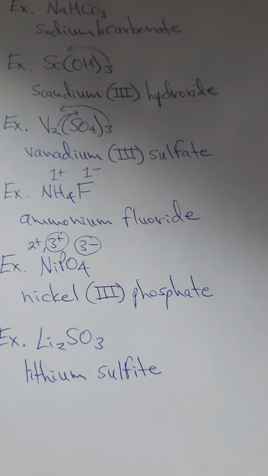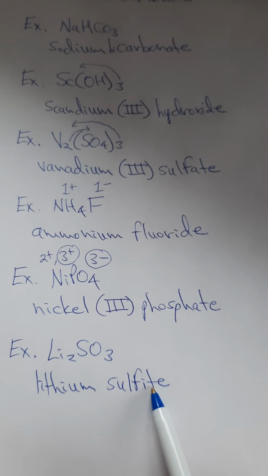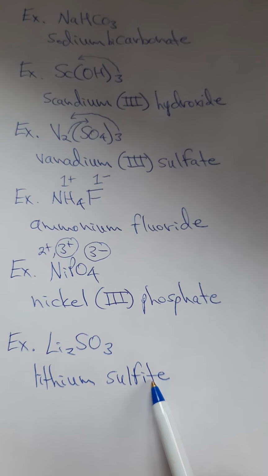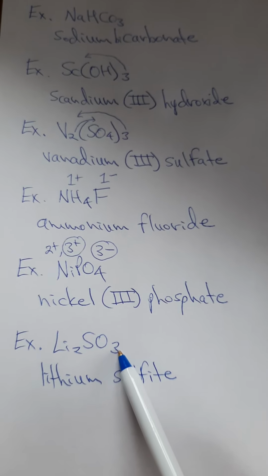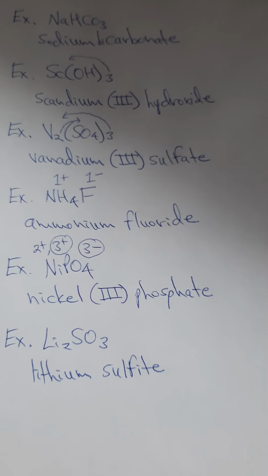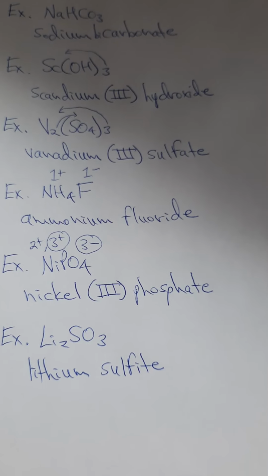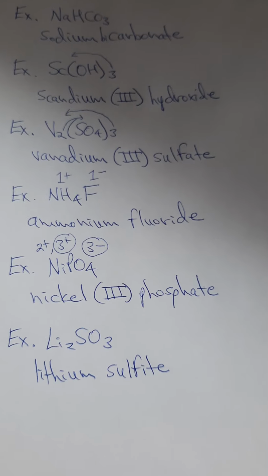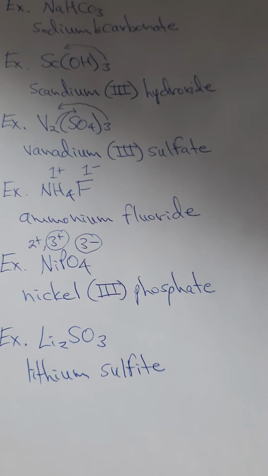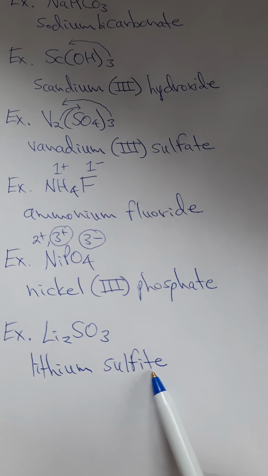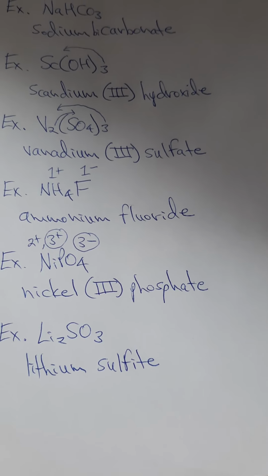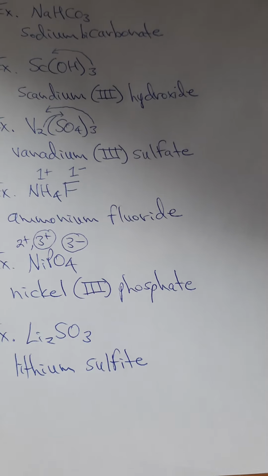Basically, I'm just changing the ending from ATE to ITE, and you always do that when you remove one oxygen. This is not just the case for sulfate. You can apply it to the other polyatomic ions as well. Anytime you remove one oxygen atom, it just becomes ITE in terms of the ending. Does everyone see that?